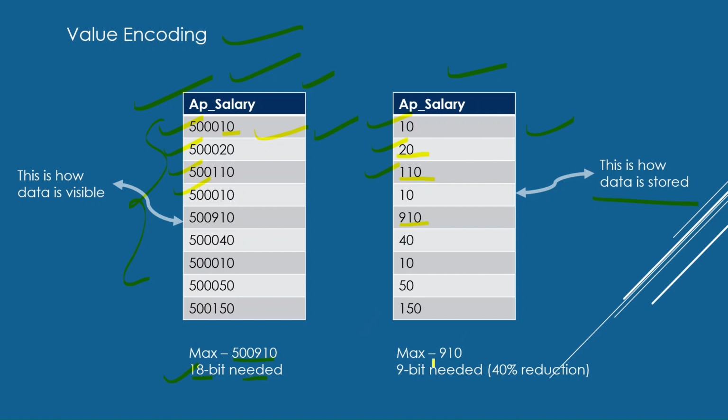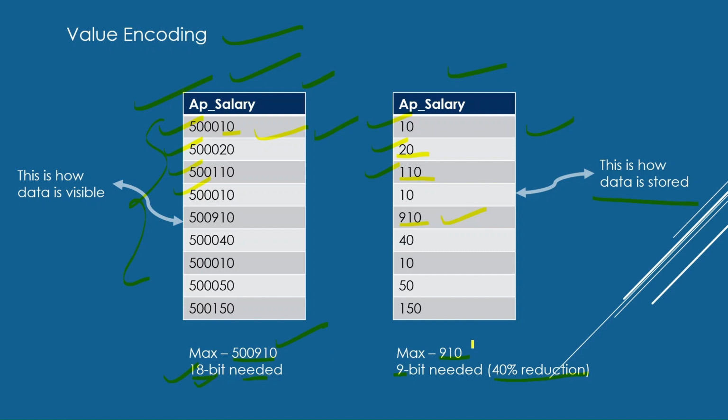And suppose this is the max value which is present in this column, and this requires only 9 bits. So there is a 40% reduction here. Suppose this is the value which we are going to store, and it requires 18 bits to store.